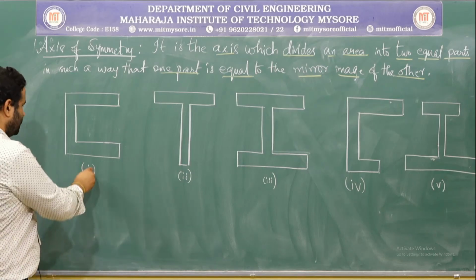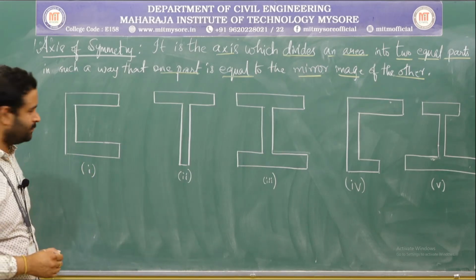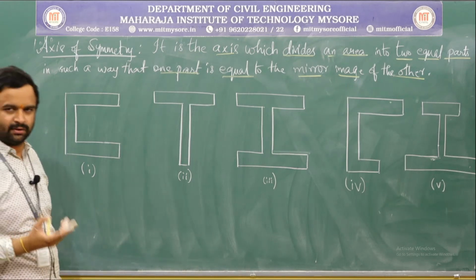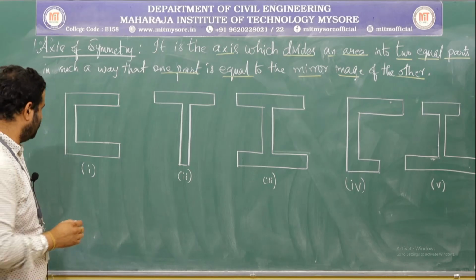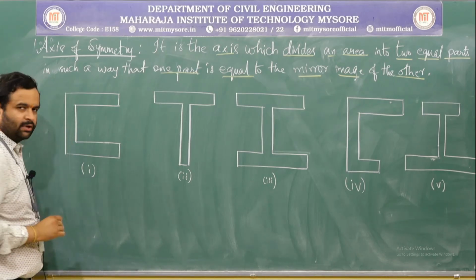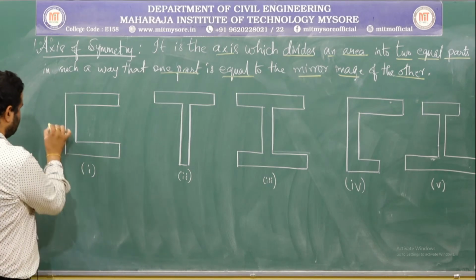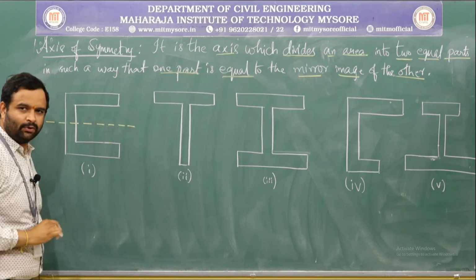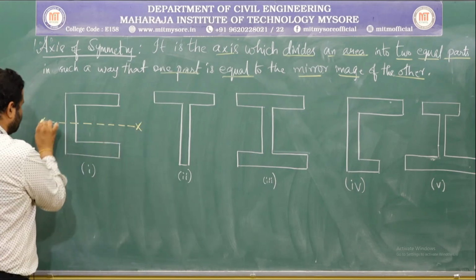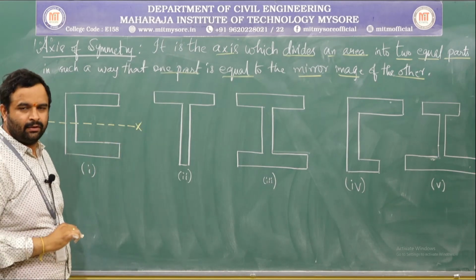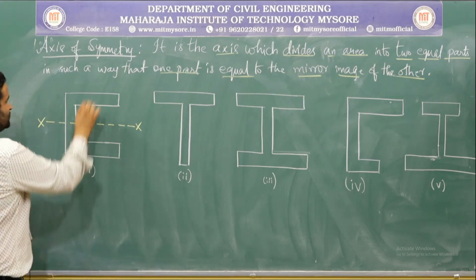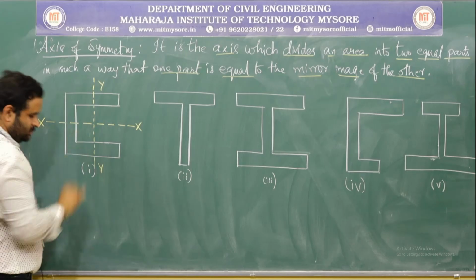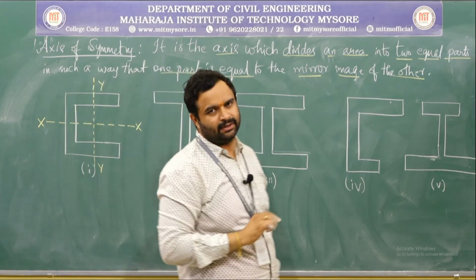Now, if I take up the first example and try to draw any axis of symmetry if possible, then just looking at the figure, we can say this figure is symmetrical about x axis, but it is not symmetrical about y axis. Why did I make this statement?